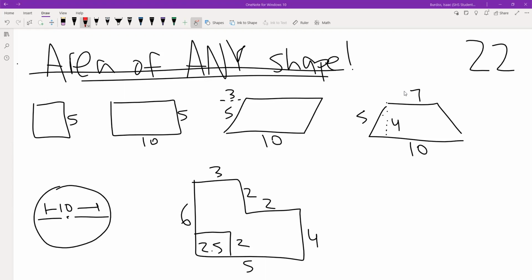So the first thing we have here, this shape, is a square. Hopefully you can tell that. I mean, it's 5 right here, so that means this is 5 because a square has equal sides.